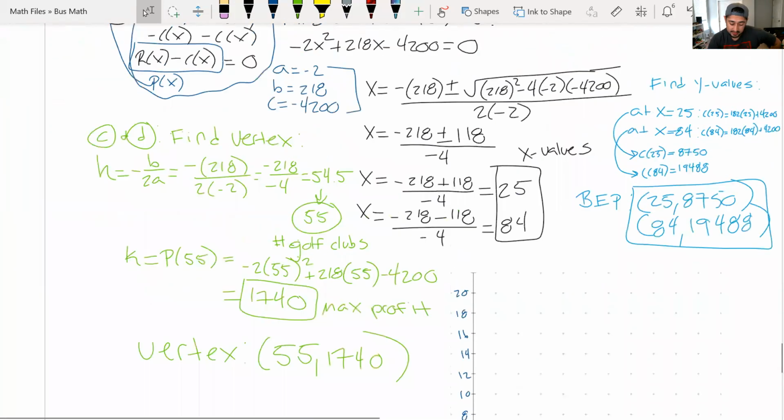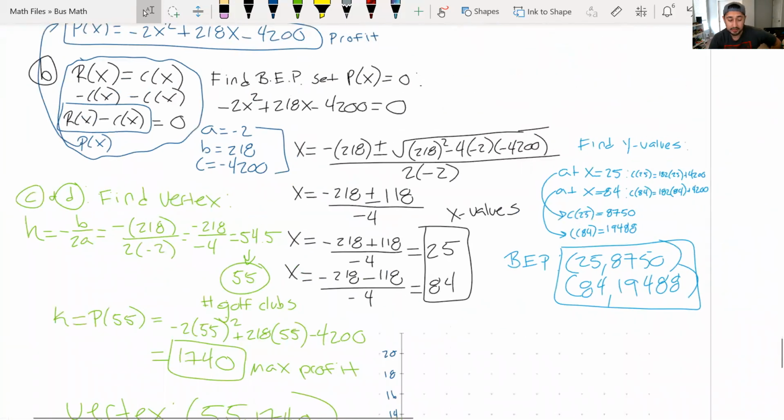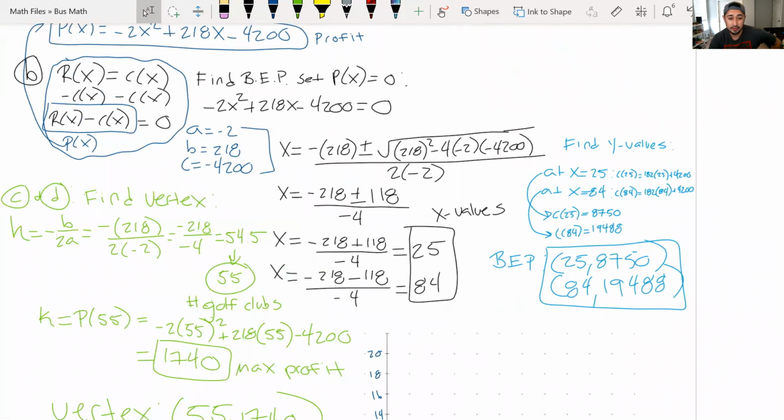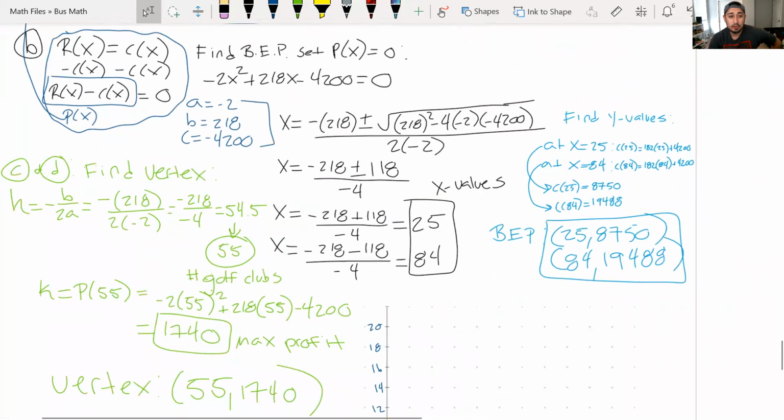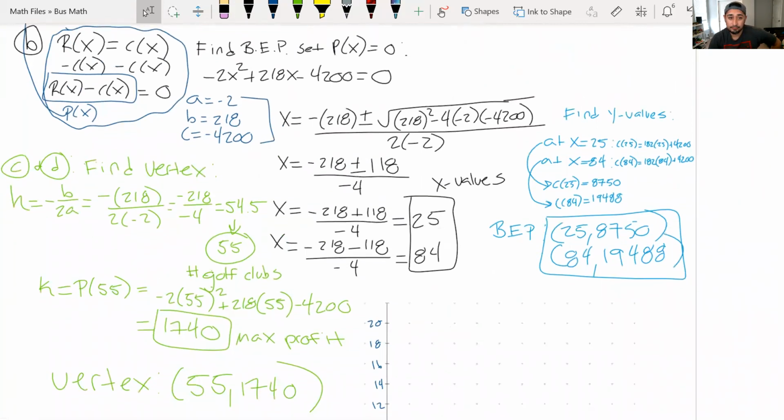So let's first look at the setup for the profit function. When we use the quadratic formula to find break-even points, we got x values of 25 and 84.